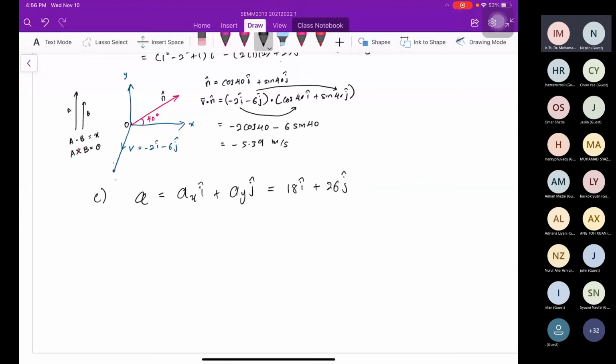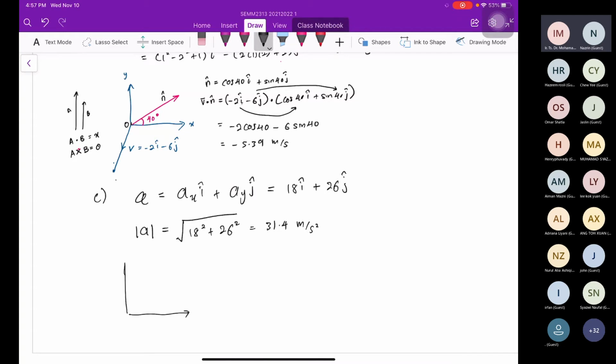To get the magnitude is quite simple. 18 squared plus 26 squared, you will get 31.4 meter per second squared. To get the direction, let's say this is your coordinate.